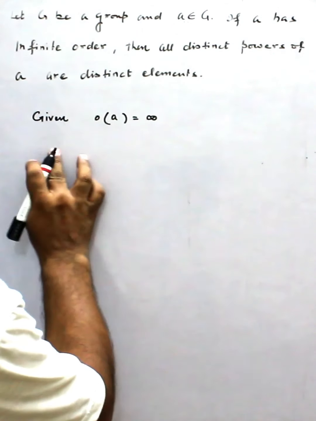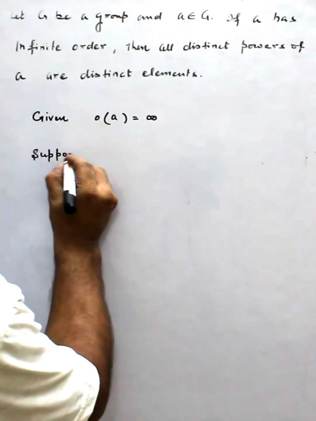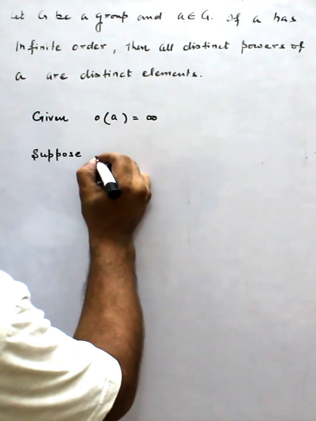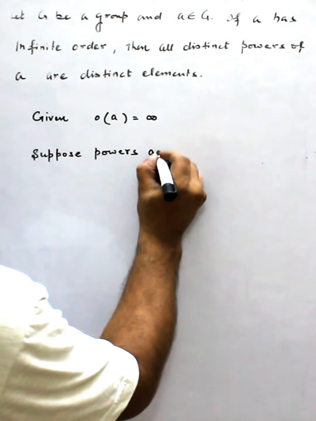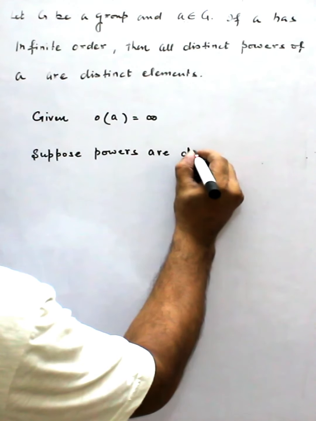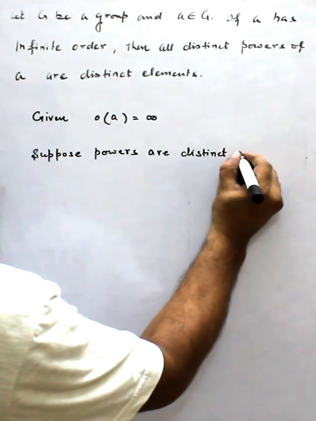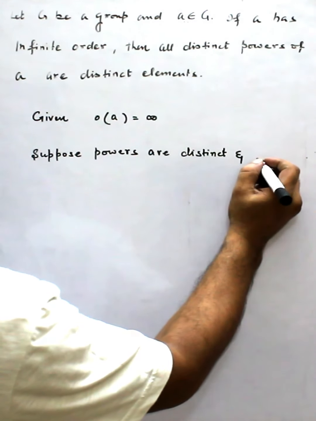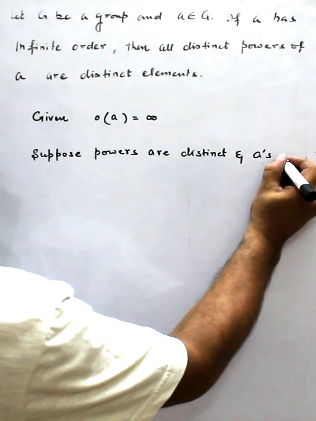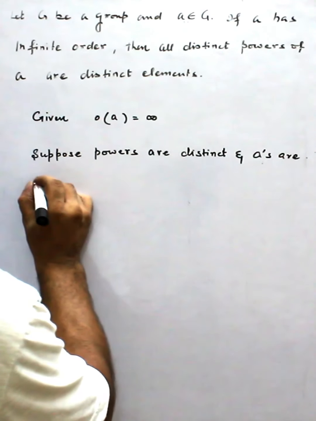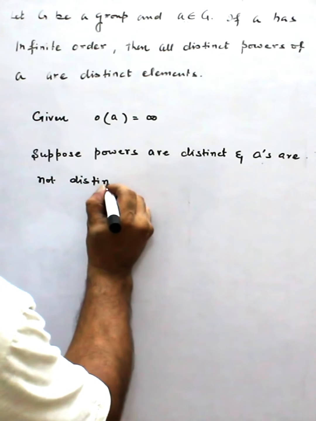That means we suppose the powers are distinct and the A's are not distinct.